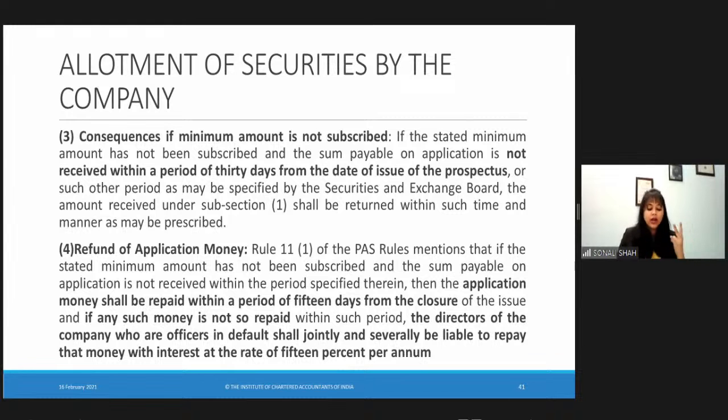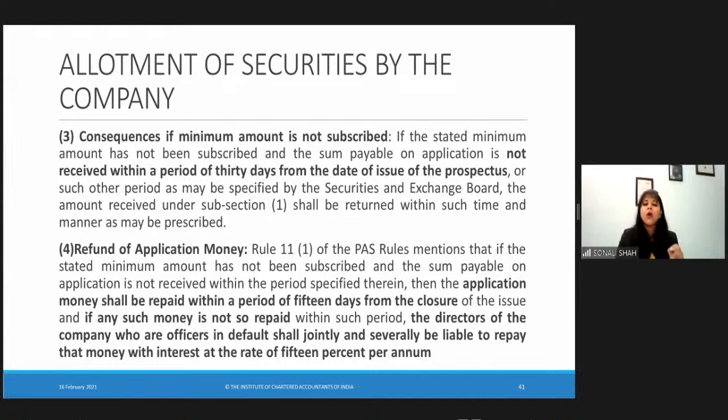So these two conditions need to be fulfilled for a company to be able to complete the public offer, to be able to allot the securities. Now, this amount of minimum requirement has to be received within 30 days of issue of prospectus or such other period as may be specified by SEBI.